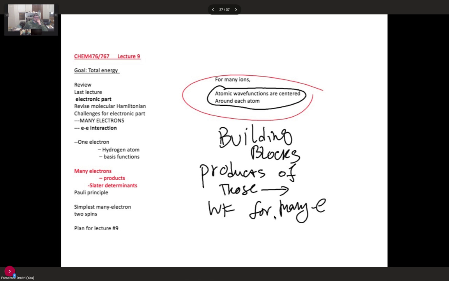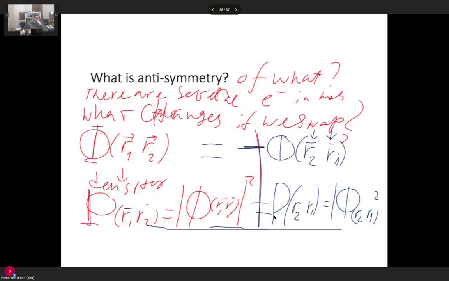So those wave functions will serve as building blocks for finding electronic wave functions within molecules. Now, the symmetry of the electronic wave function. We briefly discussed it at the beginning.